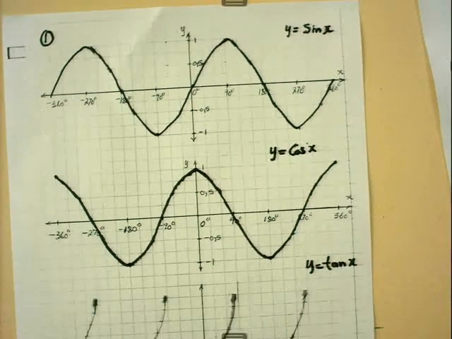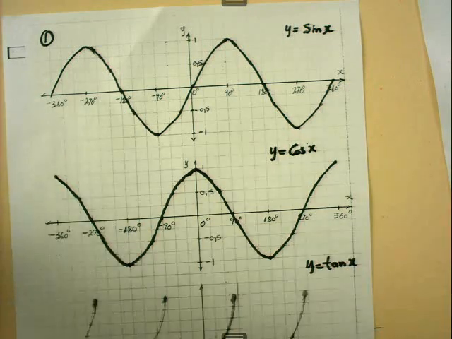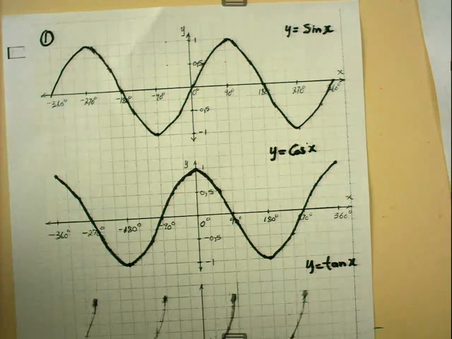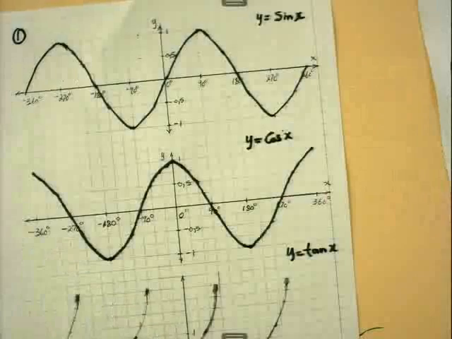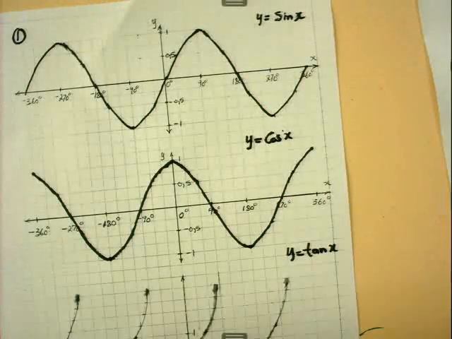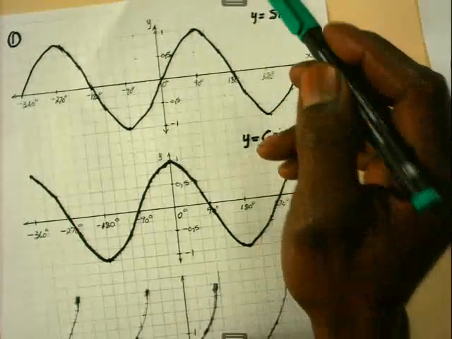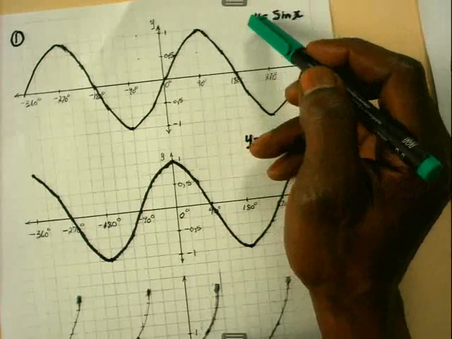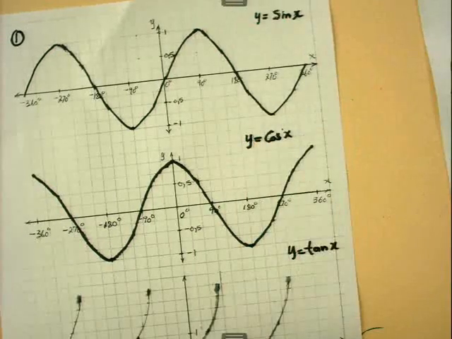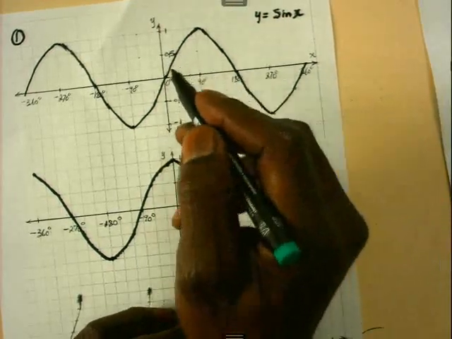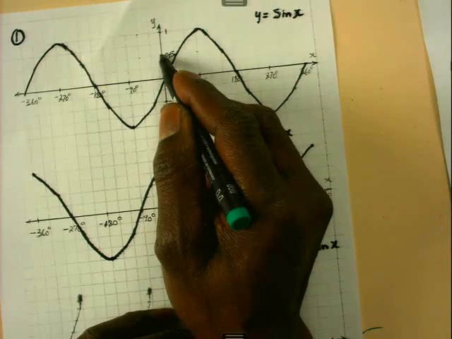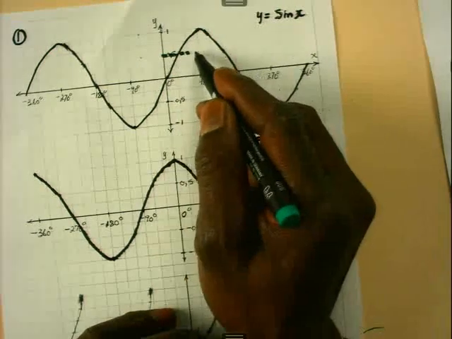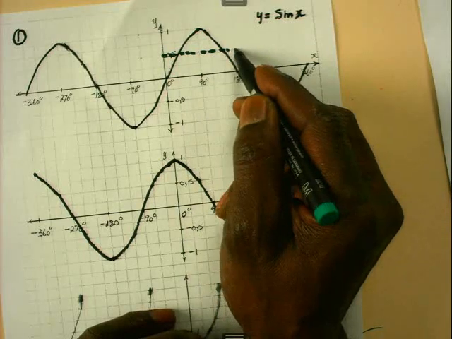Now, we are going to have one question here, a question from this. Suppose we want to find the solution for, we make y to be 0,5. If we make y to be 0,5, then it means we are going to draw a horizontal line here.